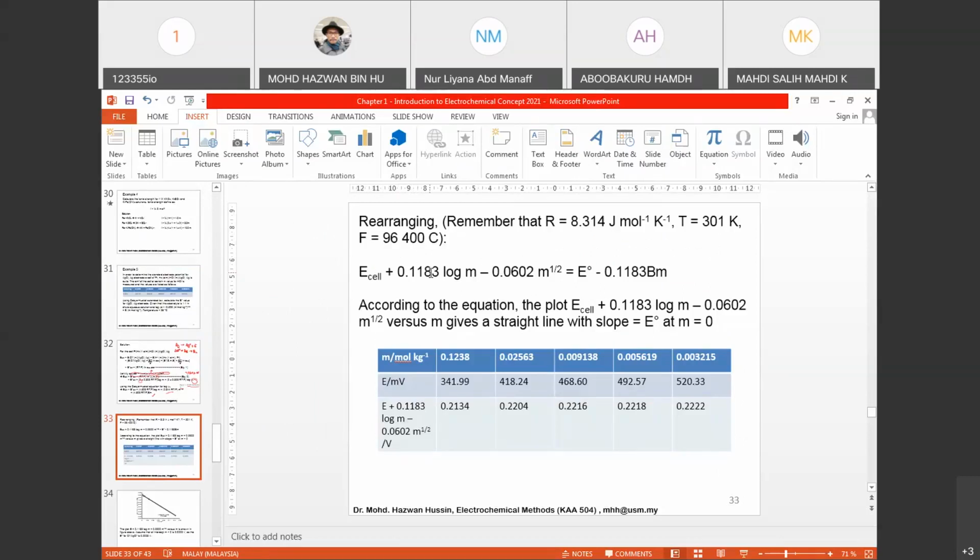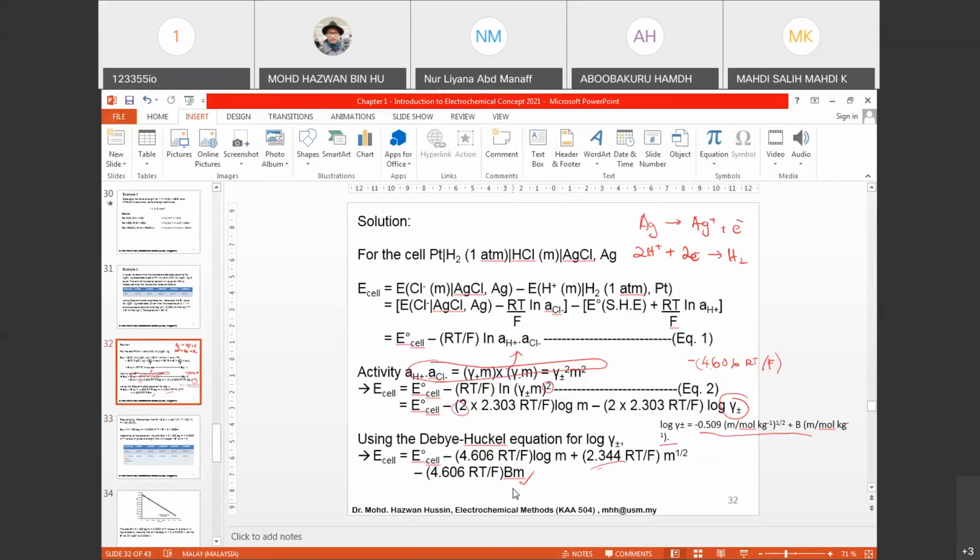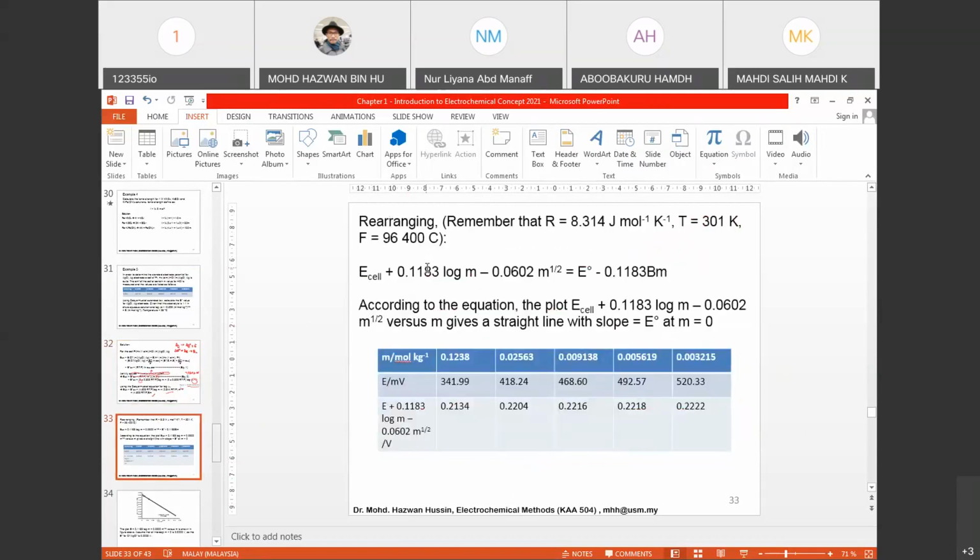Okay, right. So what's next is basically you have to substitute those values to here. R, T, F. Okay, and then you'll get a final notation as follows. You will have E cell plus 0.1183 log m minus 0.0602 m to the power of half equals E naught minus 0.1183 Bm.